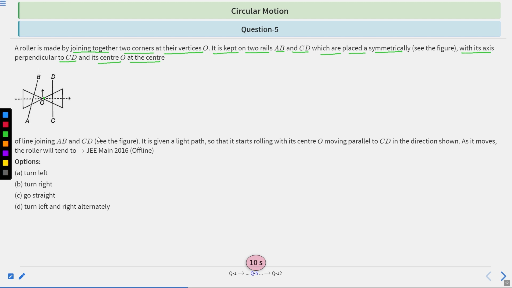It is given a light push so that it starts rolling with its center O moving parallel to CD in the direction shown. As it moves, the roller will tend to what? The options are A: turn left, B: turn right, C: go straight, and D: turn left and right alternately. Which one is correct? Read the question carefully. You have 10 seconds to solve this question. After 10 seconds we will provide the solution.